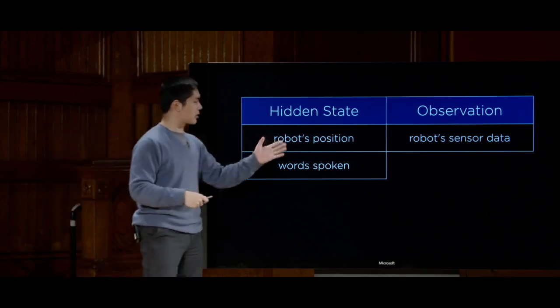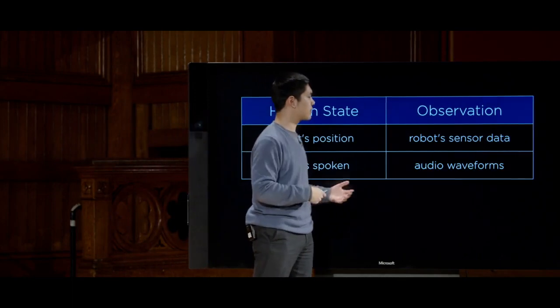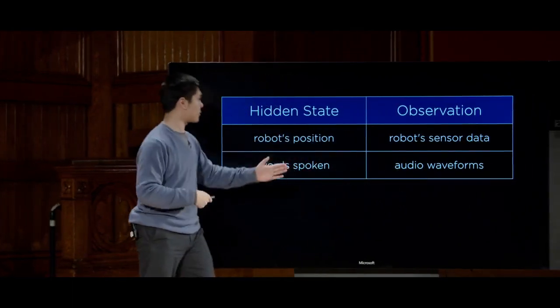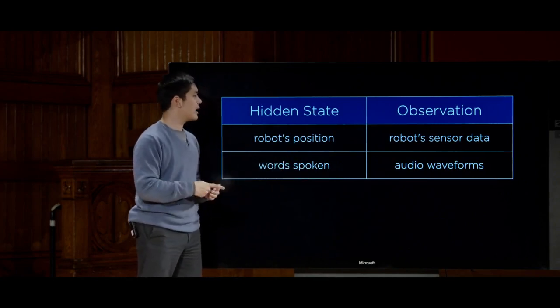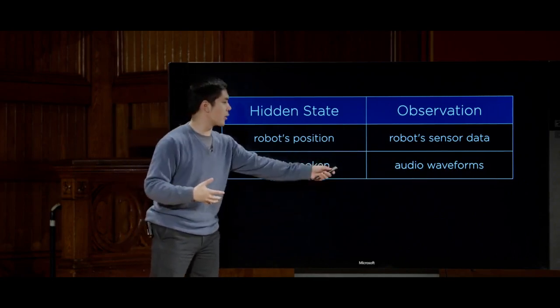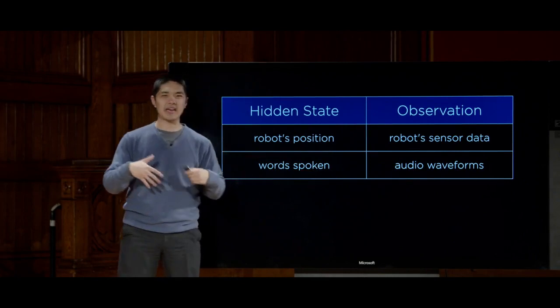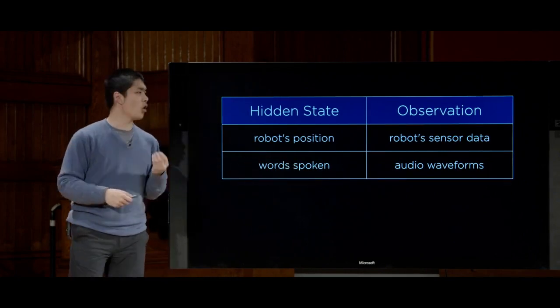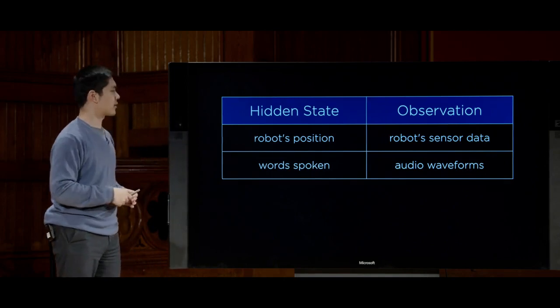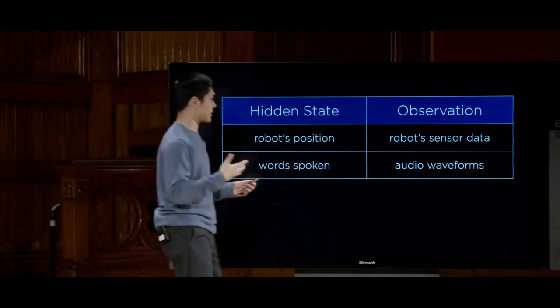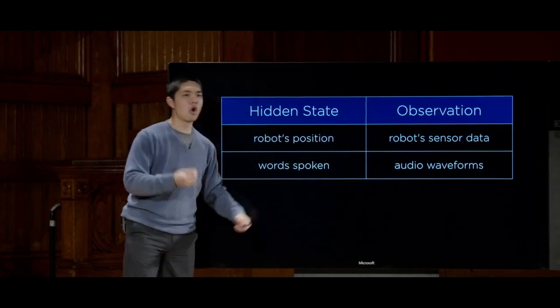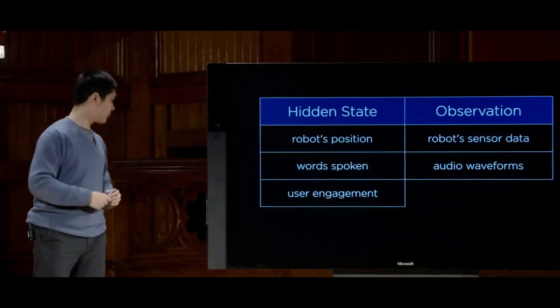The only observation the AI has access to is some audio waveforms, and those audio waveforms are, of course, dependent upon this hidden state. You can infer, based on those audio waveforms, what the words spoken likely were, but you might not know with 100% certainty what that hidden state actually is. And it might be a task to try and predict, given this observation, these audio waveforms, can you figure out what the actual words spoken are?